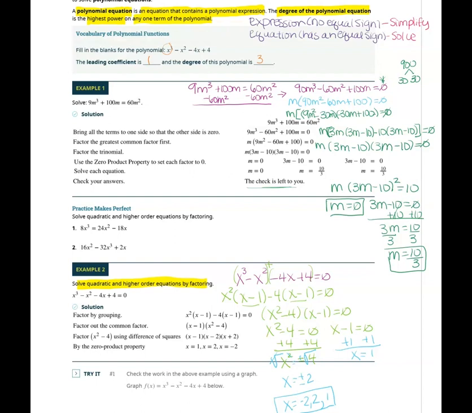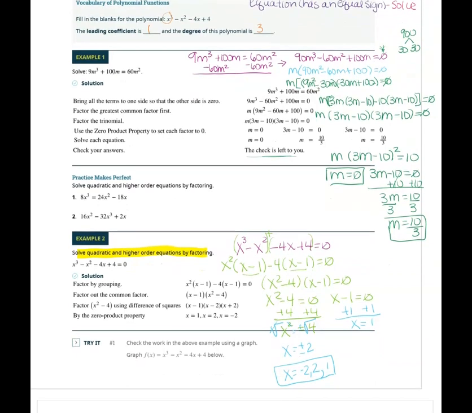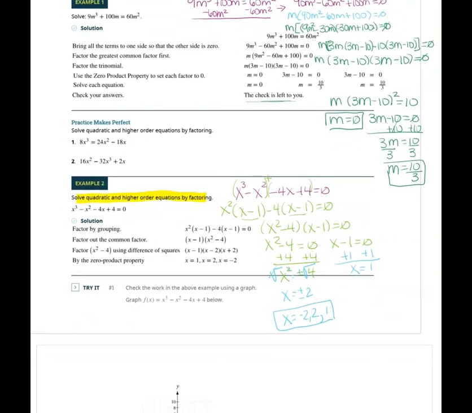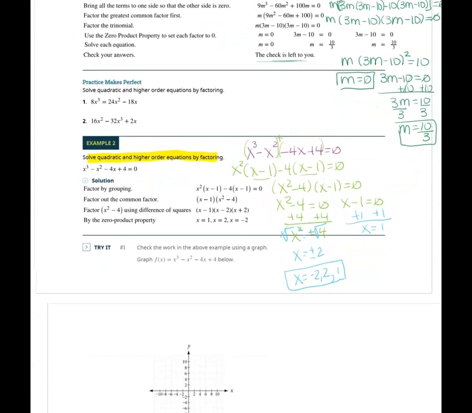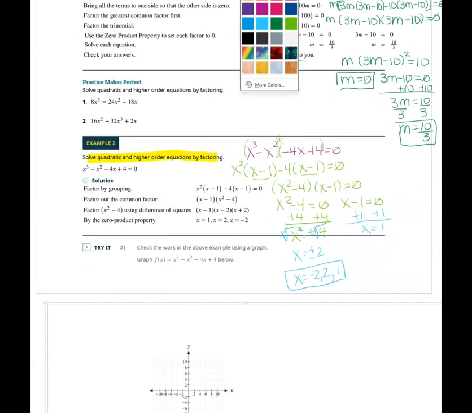So now it says try it. Check the work in the above example using a graph. So let's graph these numbers, okay? But we also want to take time to stop and look at our end behavior of this graph.